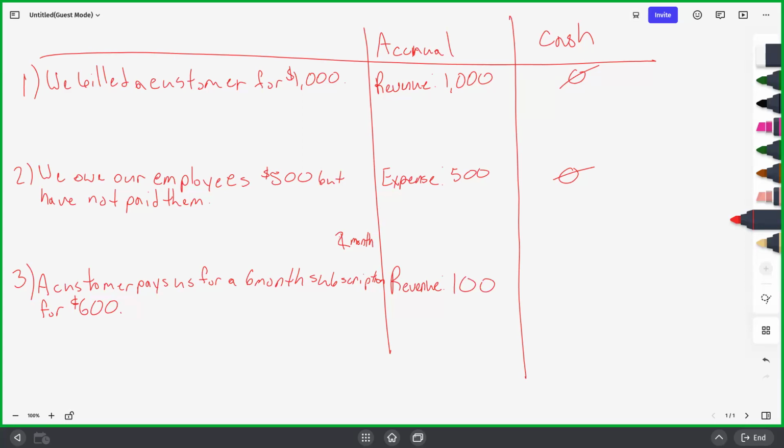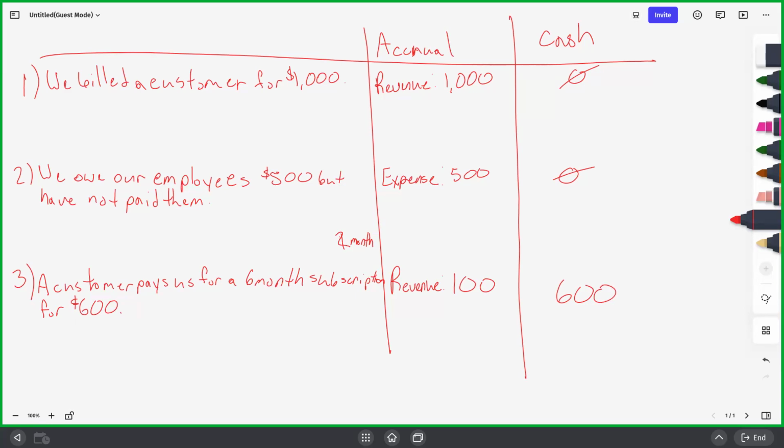600. The reason why, and this is why I put this one here too, is that cash basis works in both ways. Sometimes when we bill, because the money's not there, it's 0, even though technically we're supposed to recognize the revenue or expense because it was incurred.